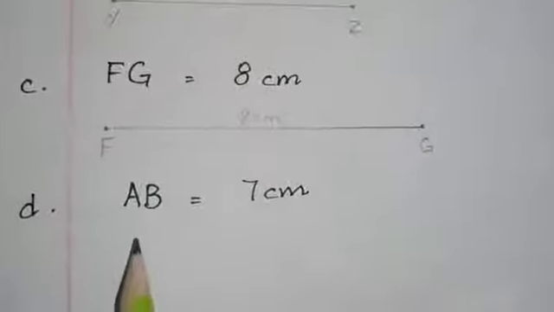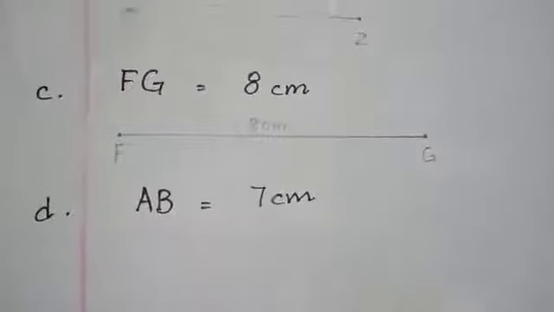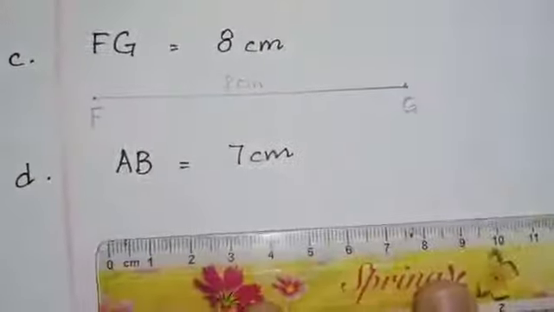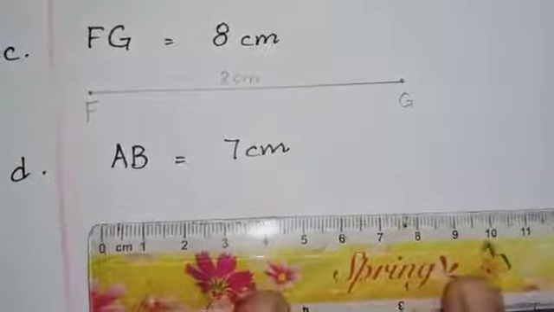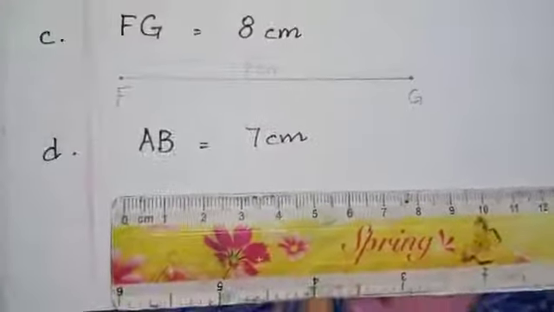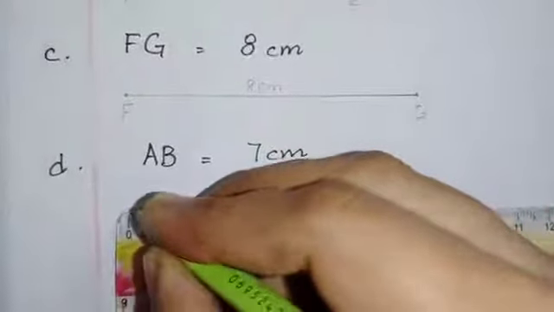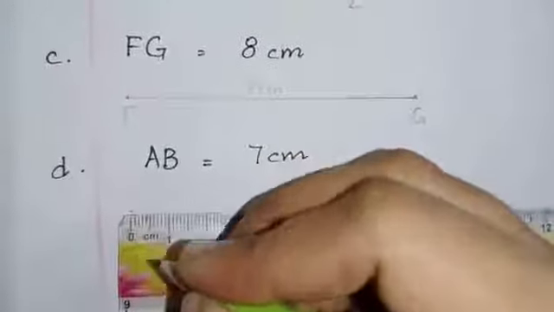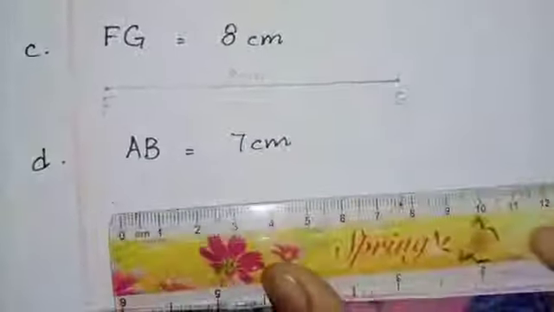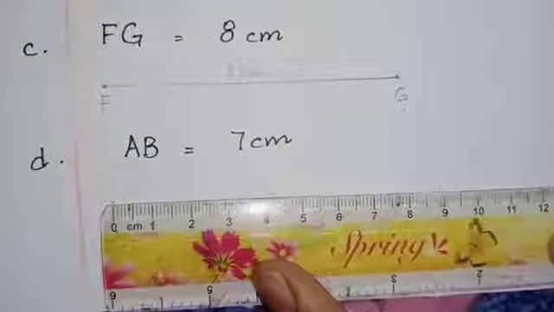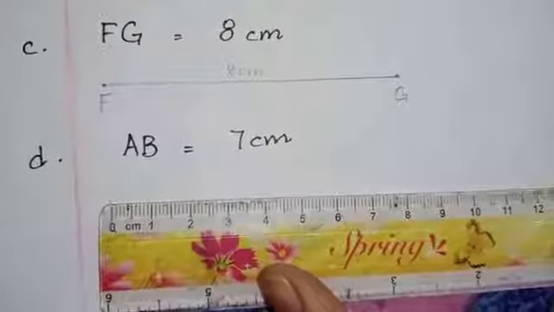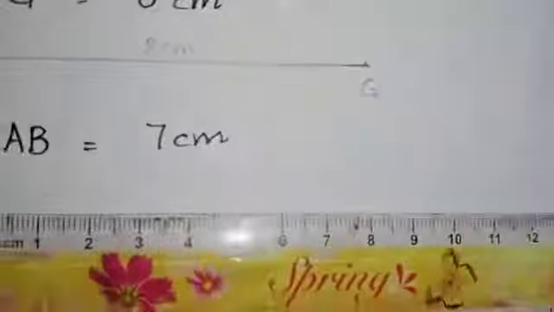Now D part is AB, 7 centimeter. Again place a ruler on the paper and take a first point, that is on the top of this A point is at 0, and now it is 7 centimeter, line segment of 7 centimeter. Where is 7?